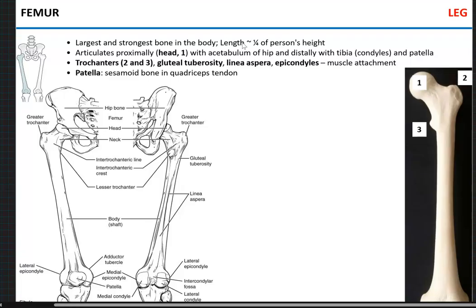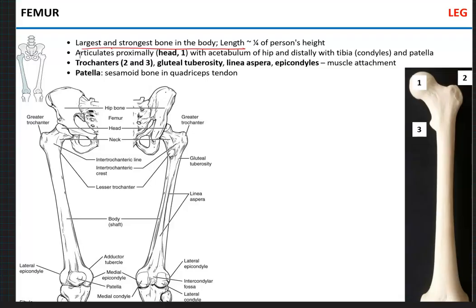Femur, largest bone in the body. Quarter of your height. Tidbit in terms of the strongest bone in the body. It can withstand a vertical compression equivalent to, like, if you put a minivan on it.